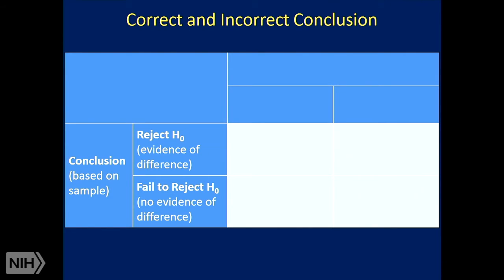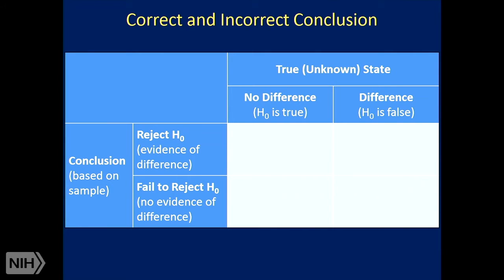H0 is the hypothesis of no difference. So I reject H0, I have evidence of a difference. Or I'm going to say, I cannot reject H0. I have no evidence of a difference. H0 is the hypothesis of no difference. So that's the conclusion you're going to make based on your analysis, based on the sample.